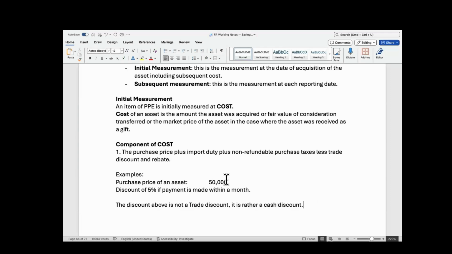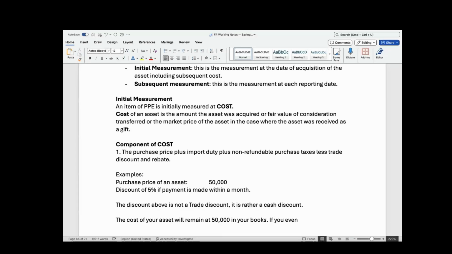The discount is conditional on paying within 1 month, which means that if you don't pay within 1 month, you will not get it. So that means the cost of your asset will remain at 50,000 in your books.